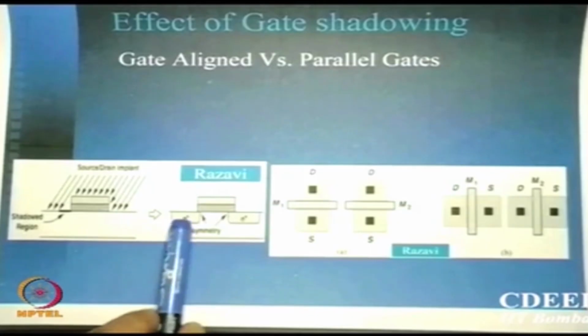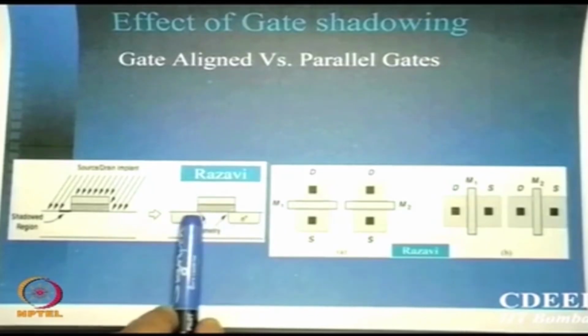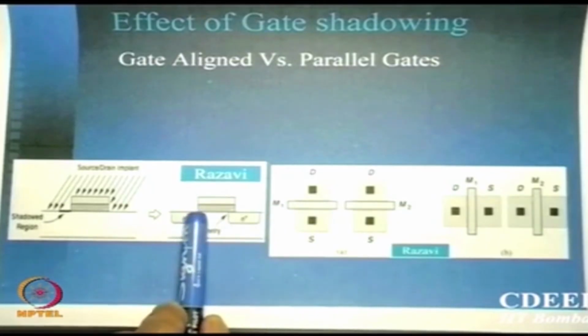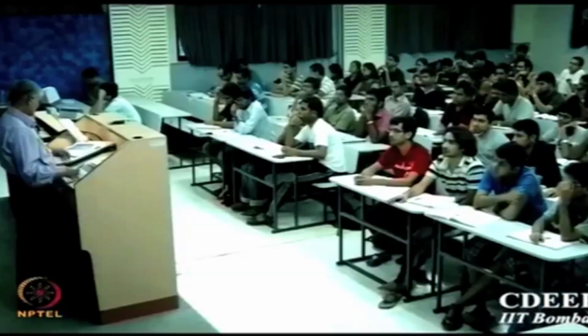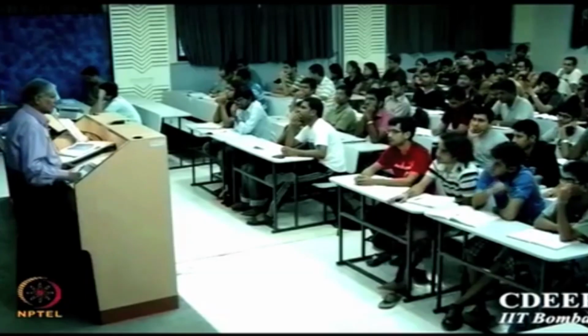The reason is, you can now see this n plus and this n plus: here internally it is very small, here internally it is larger. The larger inside part essentially means capacitance is increasing, okay. This is called drain capacitance. What is the problem with drain capacitance increase?